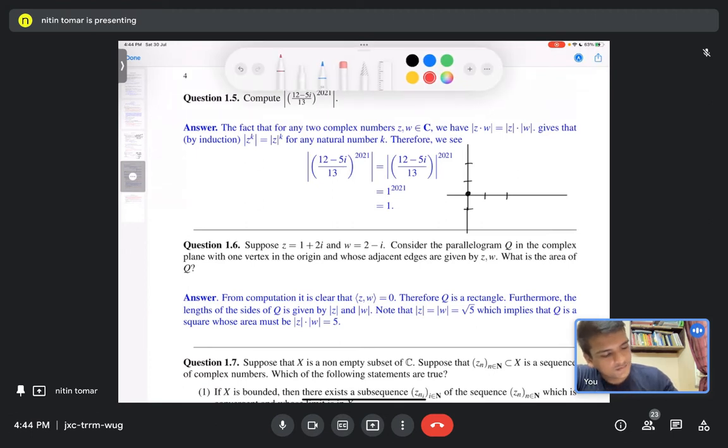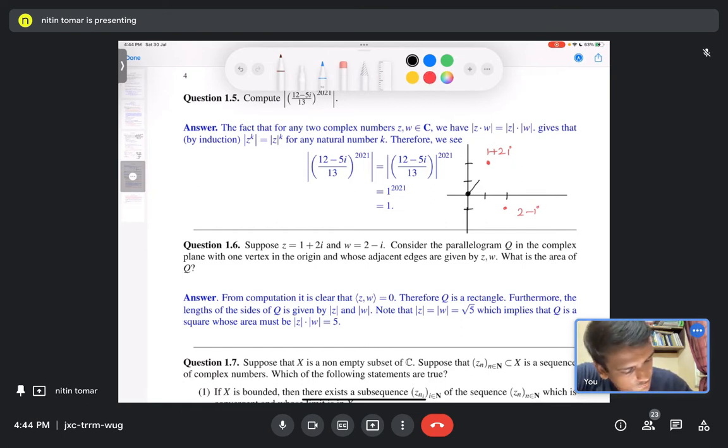My Z is 1 plus 2 iota. So this is my 1 plus 2 iota. And then I have 2 minus iota. So this number is 2 minus iota.